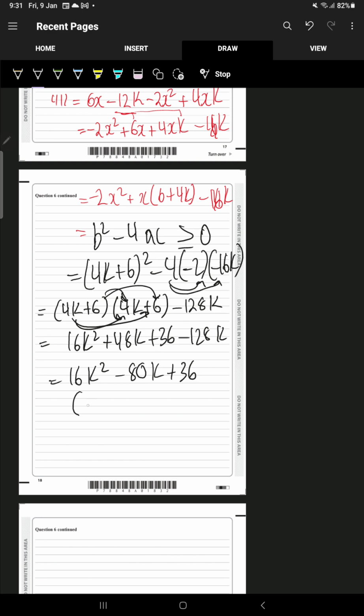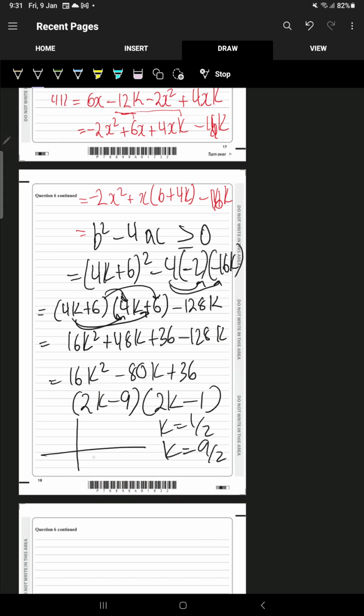You are going to get 2k minus 9 and 2k minus 1, so k is equal to a half, and k is equal to 9 over 2.